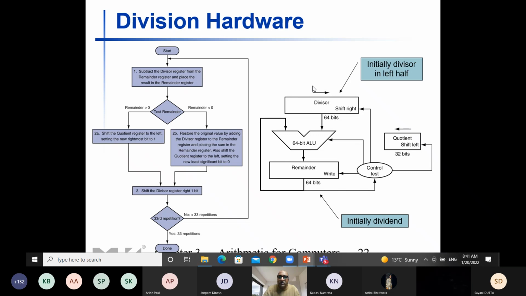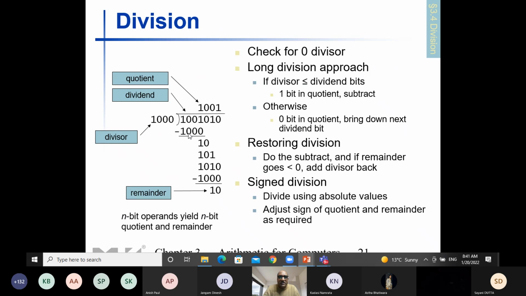The actual divisor is 32 bits, but you keep it in a 64-bit register, because in the conventional method you are shifting the divisor each time. The leftmost bits of the dividend are aligned with the divisor, and afterward you keep shifting the divisor each time, and we see whether the divisor is less than the intermediate subtract output or not.